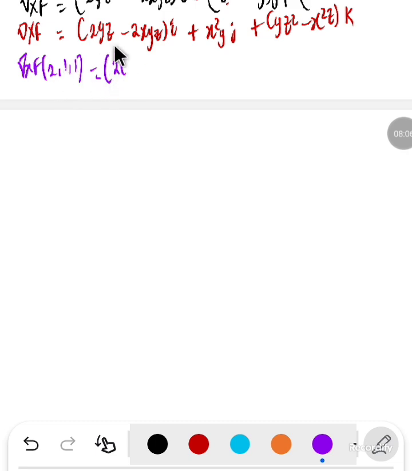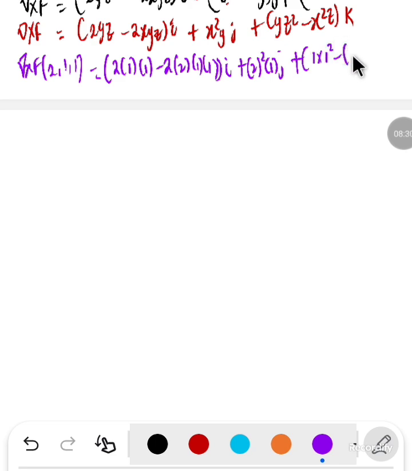Okay, so we have 2 into bracket y, which is 1, z, which is also 1, then minus 2x, x is 2, y is 1, z is 1, i. Then plus x to the second power, x is 2, 2 to the second power, y is 1, then we have j. Then plus, y is also 1, z is 1, so we have 1 to the second power, minus x is 2, 2 to the second power, and z is 1, so we have k.